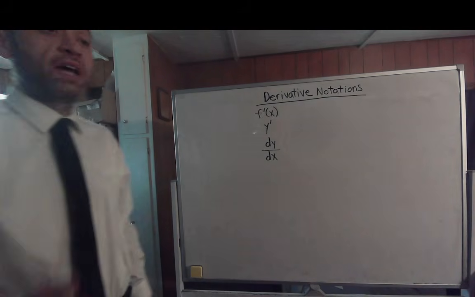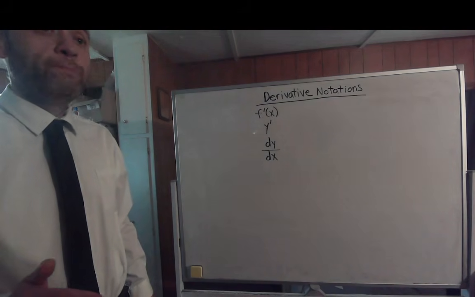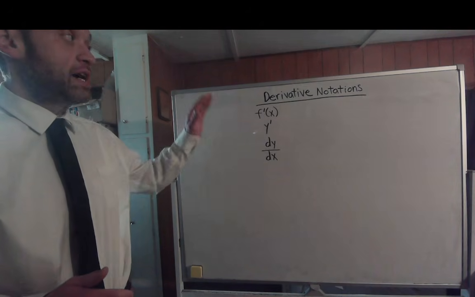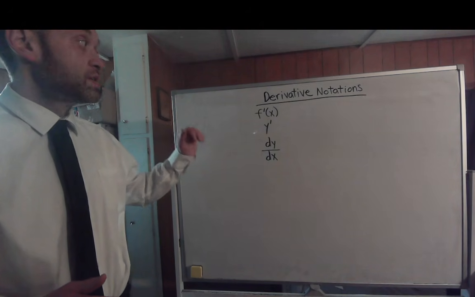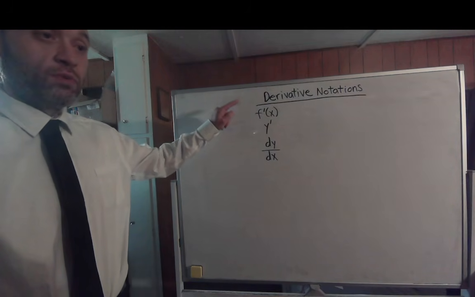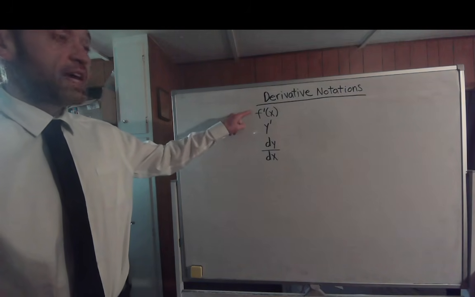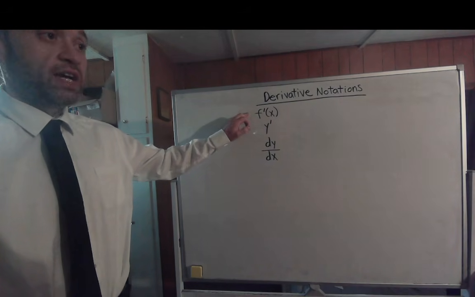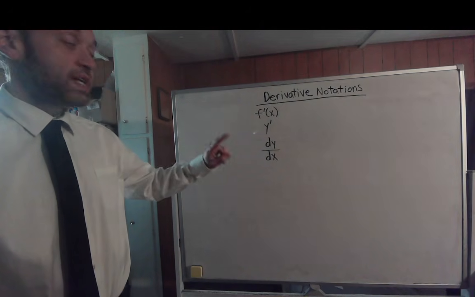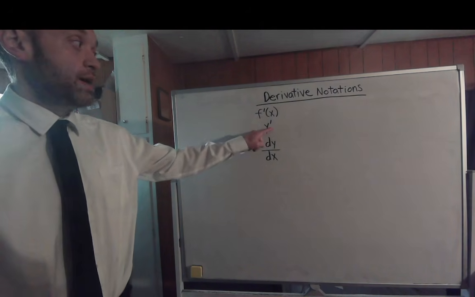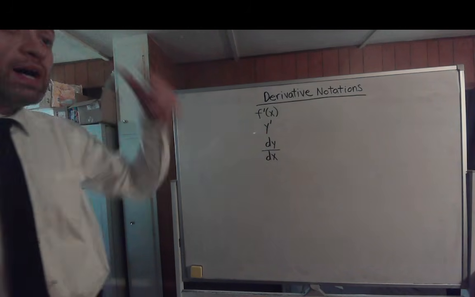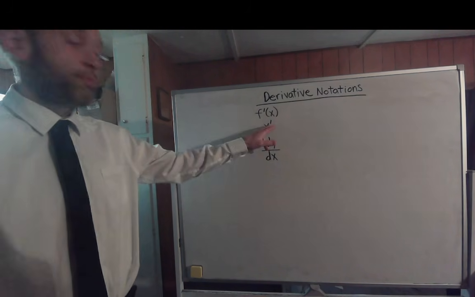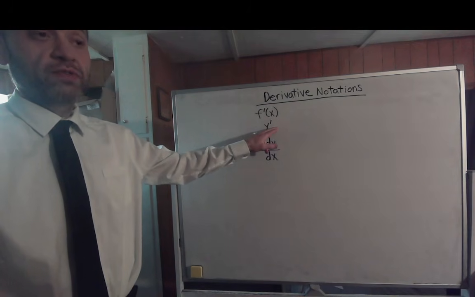But first, I think it would be helpful if we talked about some common derivative notations. Of course, what we've been dealing with for the past couple of lessons is f prime of x, meaning the derivative of the function f of x. Another notation you may see is y prime. That's if you have y equals some function of x, y prime's another notation for the derivative.